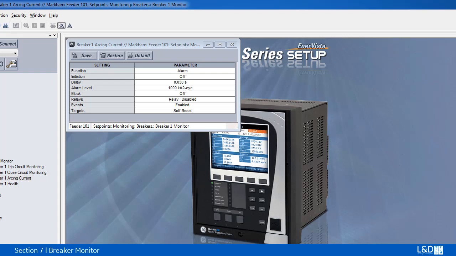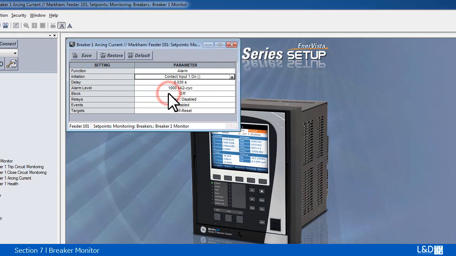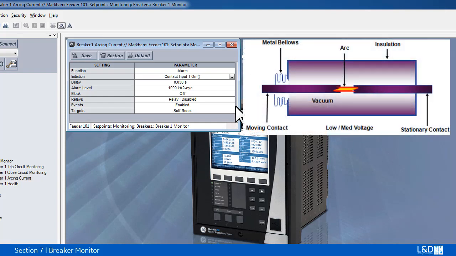for alarm. The initiation selects which operand starts arcing current accumulation. The breaker opening has contact separation and arcing stages.